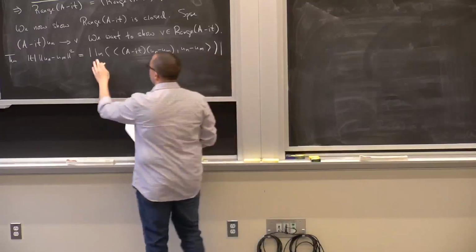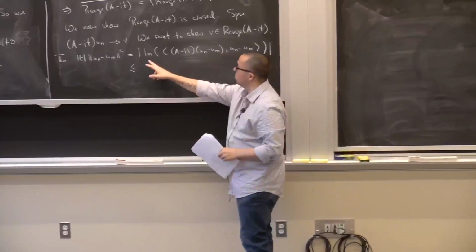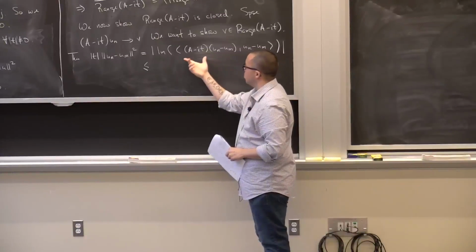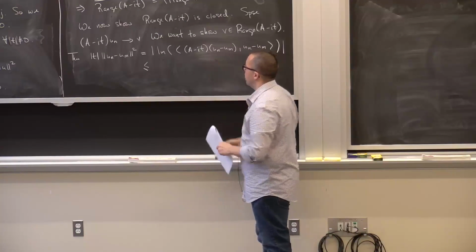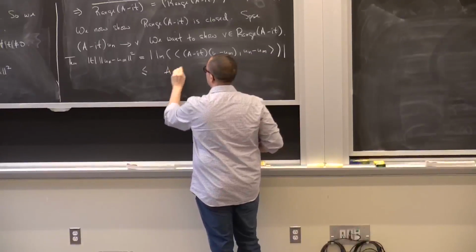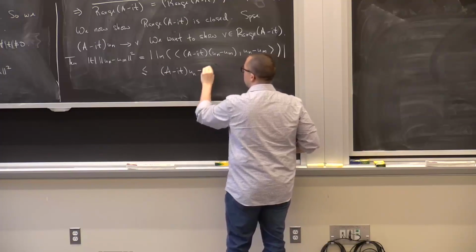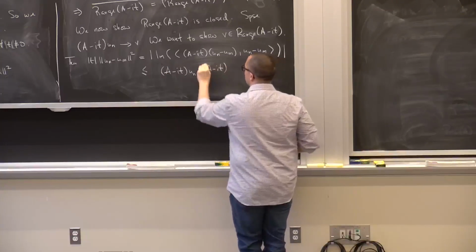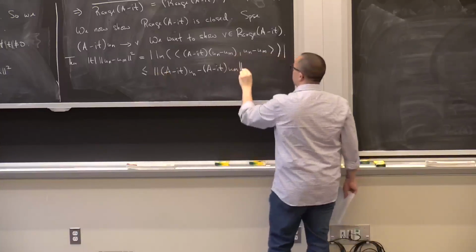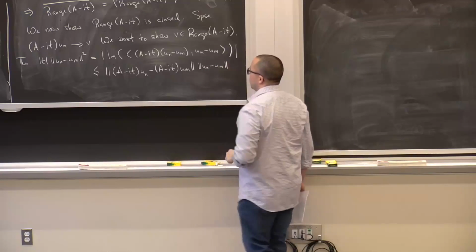And now this is less than or equal to, so the absolute value of the imaginary part of a complex number is less than or equal to the absolute value of that complex number, which by Cauchy-Schwarz I can say is less than or equal to the norm of A minus IT applied to un minus um, times the norm of un minus um.